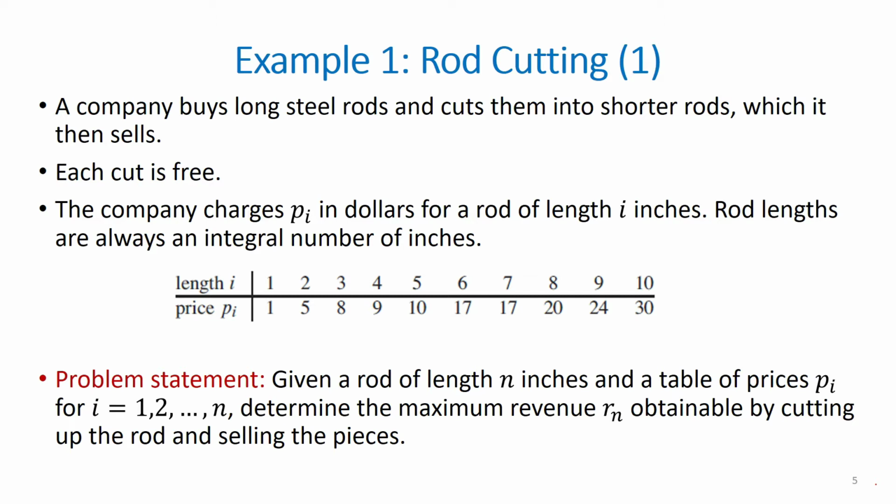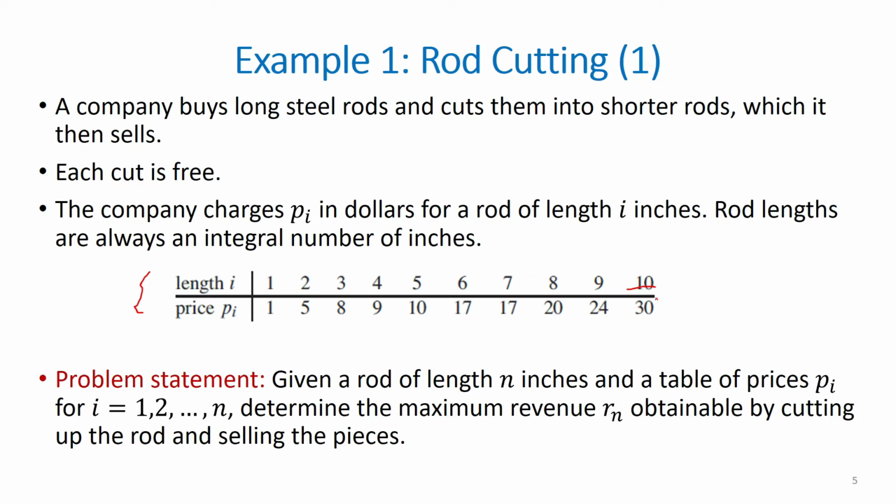That is, you have a price Pi for each rod of length i inches, and you want to see how to maximize the total selling price of the rods of length n inches. Let's assume that this is the price list you have for different lengths of the rod, which has a maximum length of 10 inches.